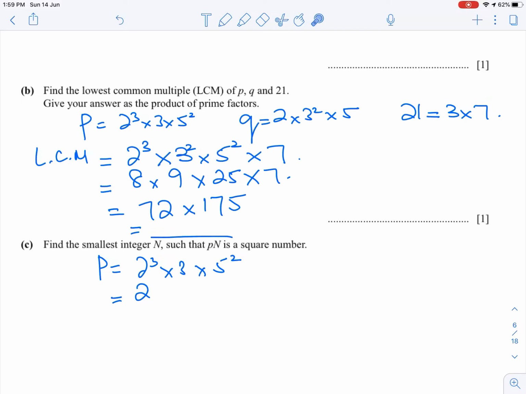You need one more 3 because there's just one 3 here, and 5 doesn't need a pair. There are 2 5's here, so 1 5 will come out of the square root sign. So you need 1 2 and 1 3, which is 6. Since they're talking about the smallest integer, that is why we're just taking 6. We are taking the smallest number which is needed, so that when you multiply that number with P, that number becomes a perfect square number.